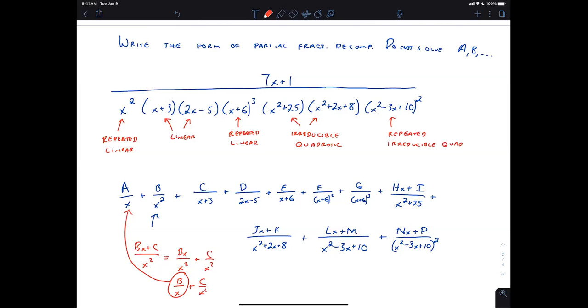It's weirder algebra to show that that's the case here, but you can manipulate things to show that if I put fx plus g, I can split it off into here and only have to deal with the constant here. And same, if I put gx squared plus hx plus i here, I could split everything off and get these separated and only have to deal with the constant. It's easier to see when it's x squared, but that's a really good question. That's why you do it the way you do it. That's why you do not up the powers when you go to these higher powers of the repeated linear. Other questions so far?